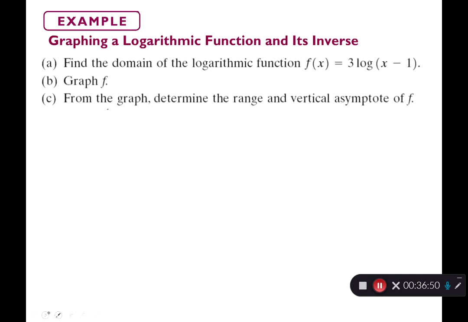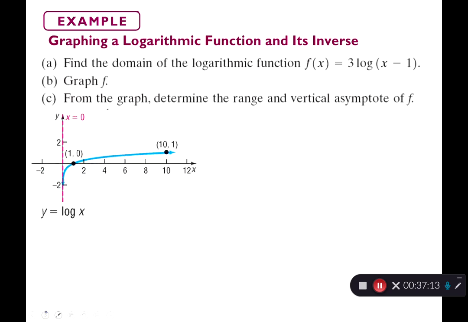The last problem, once again, I really do want to talk about the graph. So I want to know what the 3 does, and I want to know what the -1 does. Why don't you pause the video and think about it and try to make a graph. All right, so this is the last problem of the day. Here is your parent graph. Now my parent graph is the log of x.